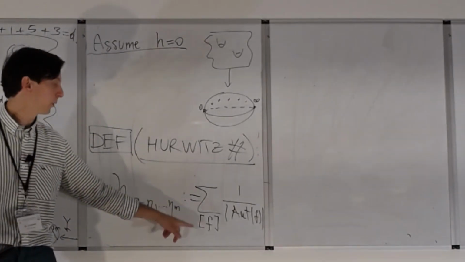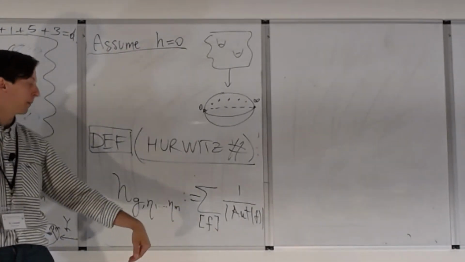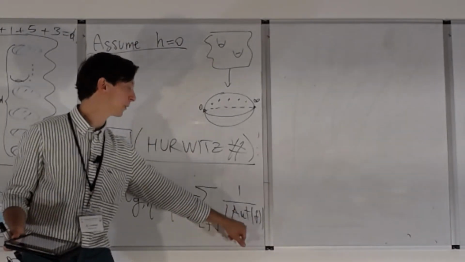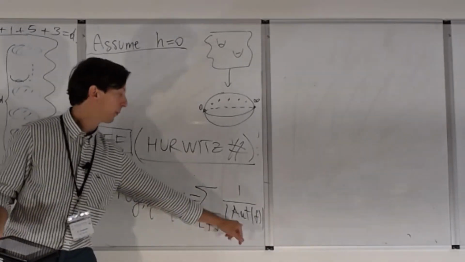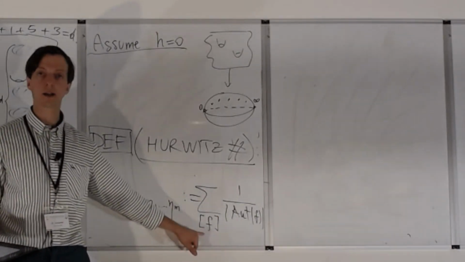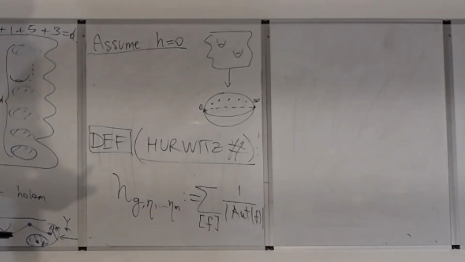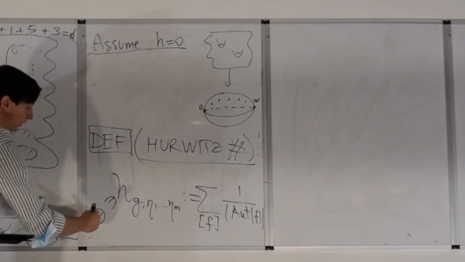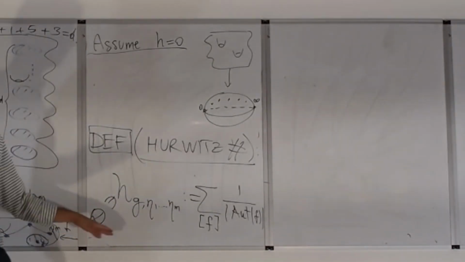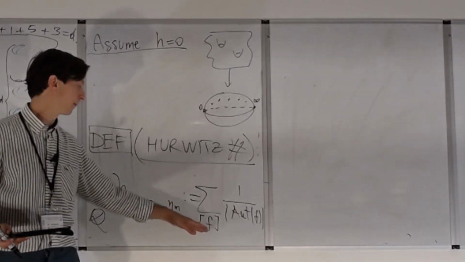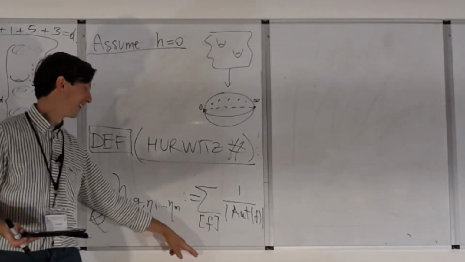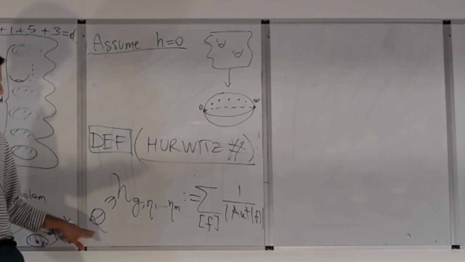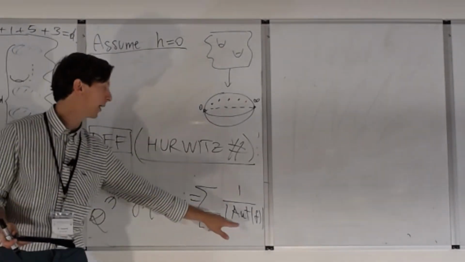This is defined to be the sum over all holomorphic maps of genus g with these ramifications, and then you take 1 over the automorphism of f. So I have to say what the automorphisms are and what the classes are. And I claim that these numbers are in Q. Actually, you have to prove two things, that this sum is finite and the automorphisms are finite.